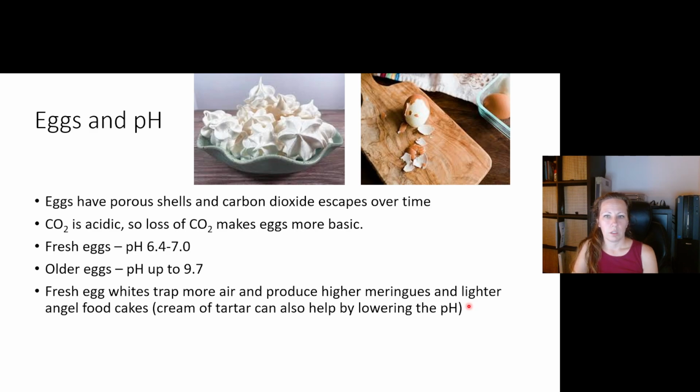Yeah, there is some wisdom that if you're a meringue maker, you want to use aged egg whites for better meringues. And I just want to note that that's not talking about how old the egg is. What they actually do with aged egg whites is they remove the egg white from the egg. They separate the egg white and the yolk, and then they let those egg whites sit refrigerated for several days.